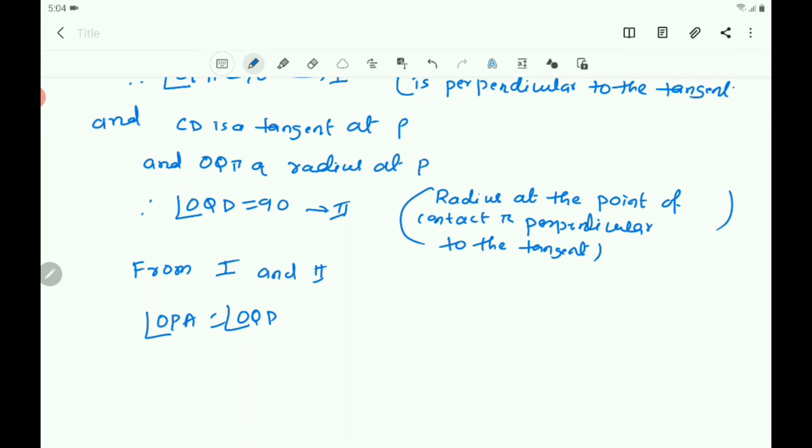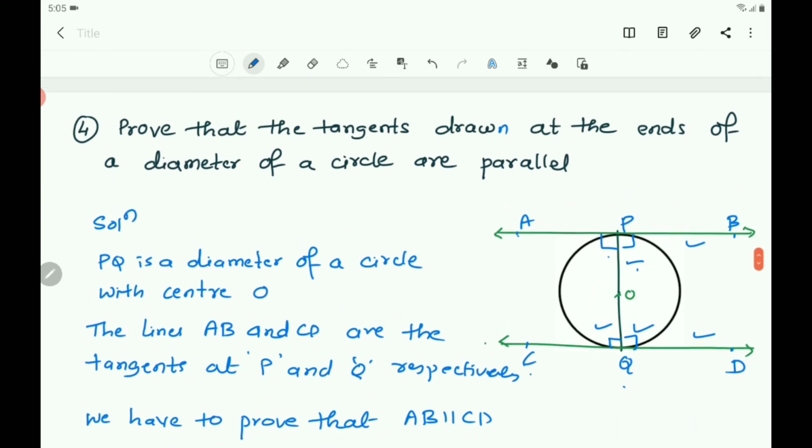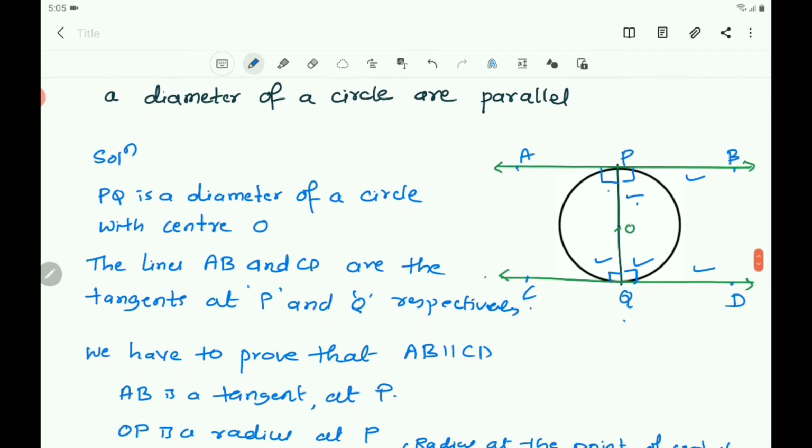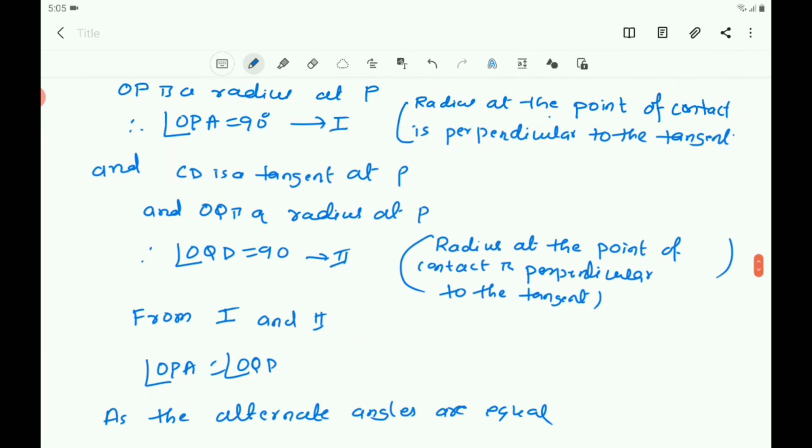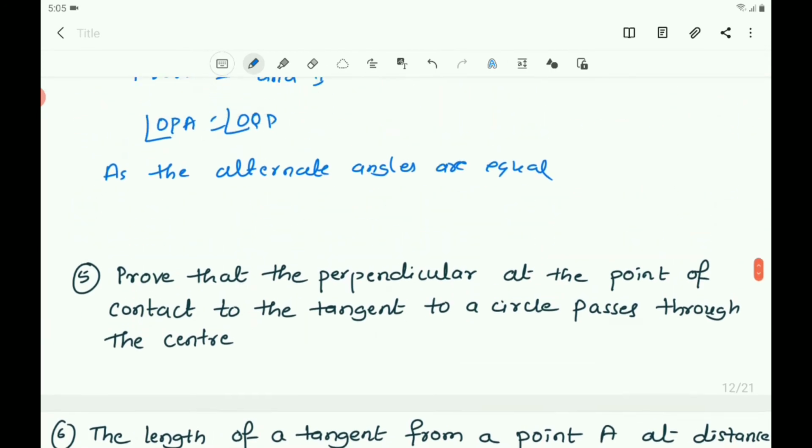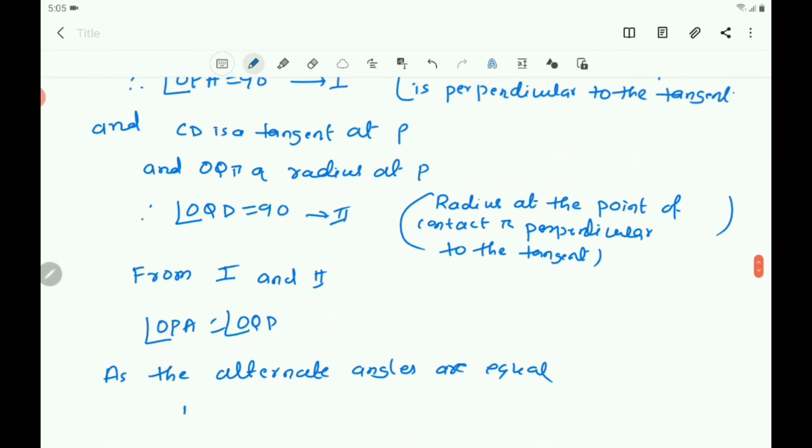As the alternate angles are equal, what can you say here? AB must be parallel to CD, right? Therefore, AB is parallel to CD. You got the result here.